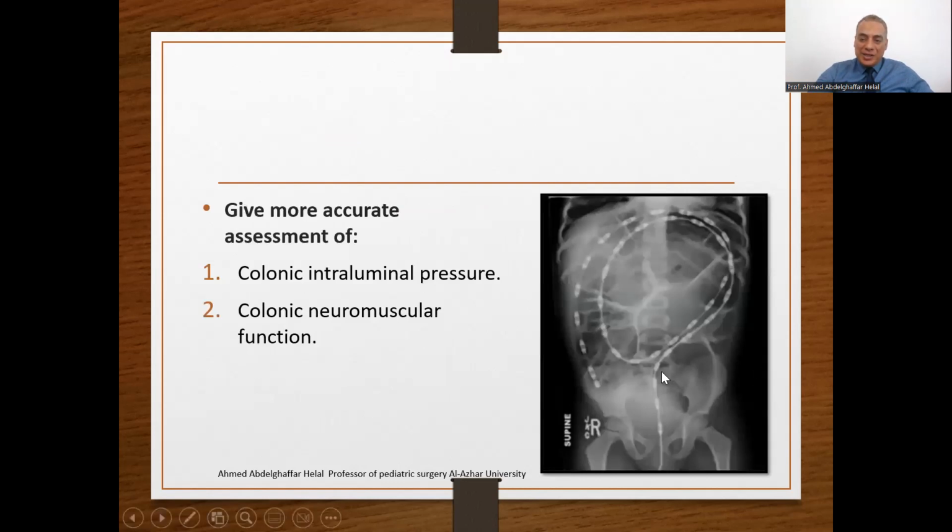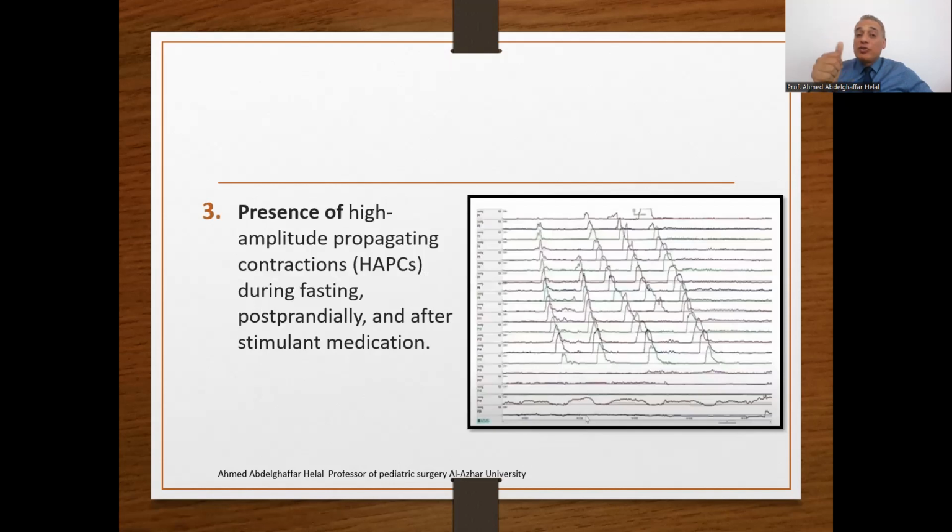It gives a more accurate assessment of the colonic intraluminal pressures and the colonic neuromuscular functions. A probe is inserted through the lumen of the colon and measures the pressure and the neuromuscular function. It also measures the presence of high amplitude propagating contractions during fasting, postprandially, and after stimulant medication.